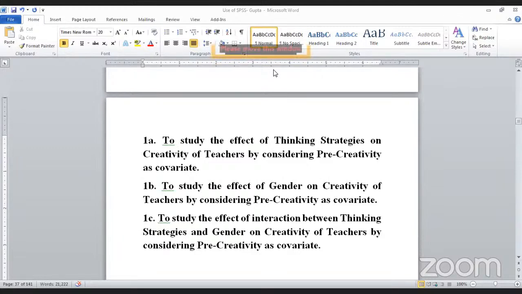I hope you have understood now. So do you want me to write by using the adjusted mean, or is there no need? Let me write.